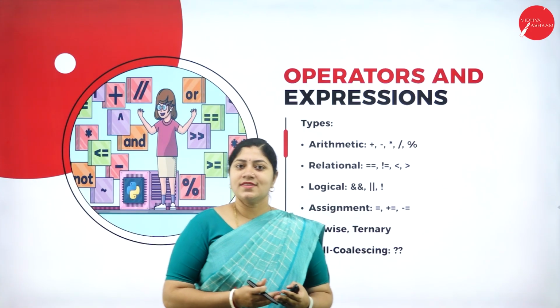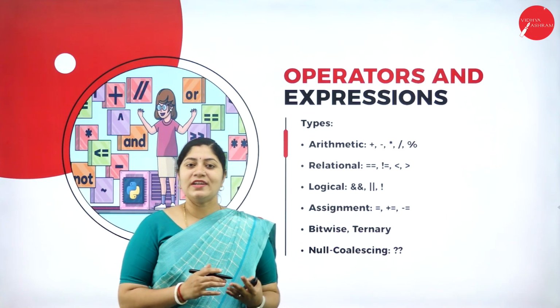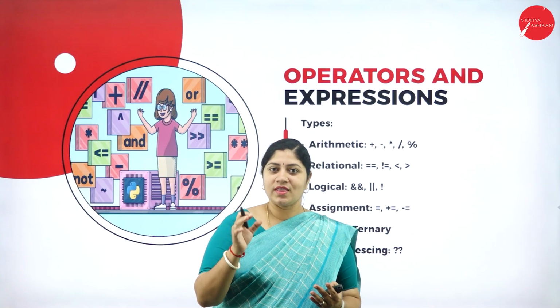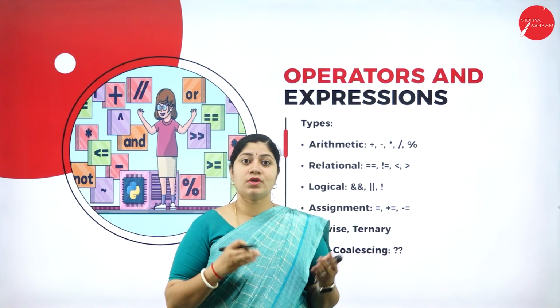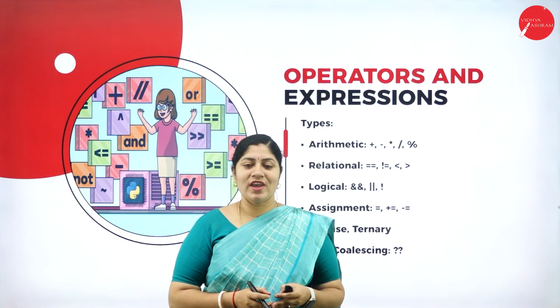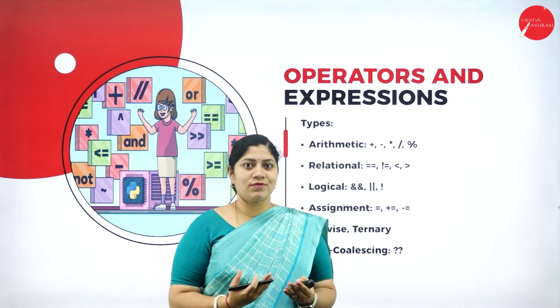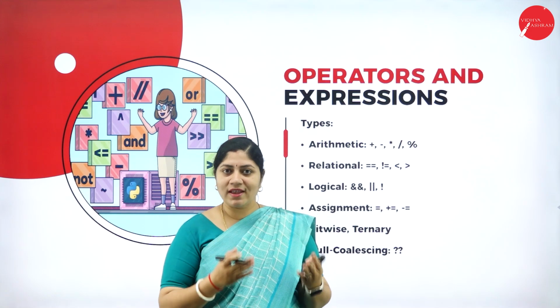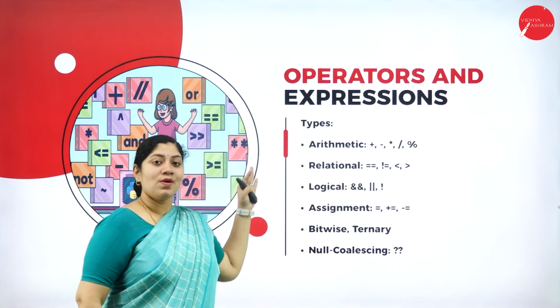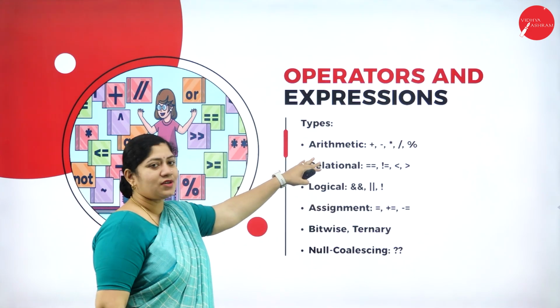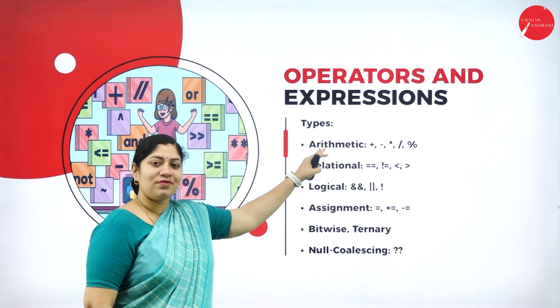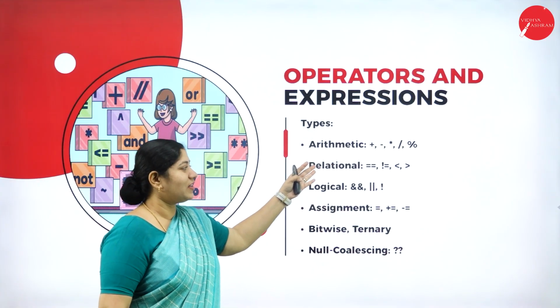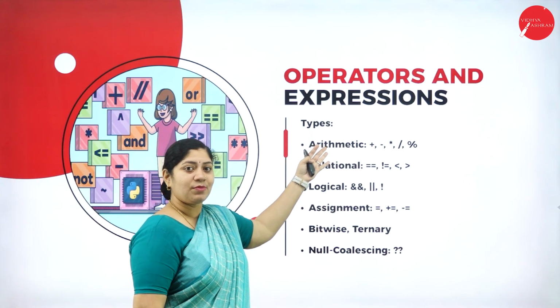So now let's understand what is an operator. Operator is nothing but a keyword that is utilized actually in order to define some value. Okay, so we have to use those keywords, right? Because we need to utilize those operations. So that's where we'll be moving with the operators. As we can observe with respect to different types of operators, if we consider the first one, that's the arithmetic operator.